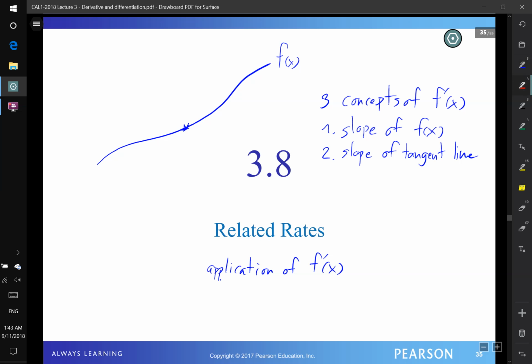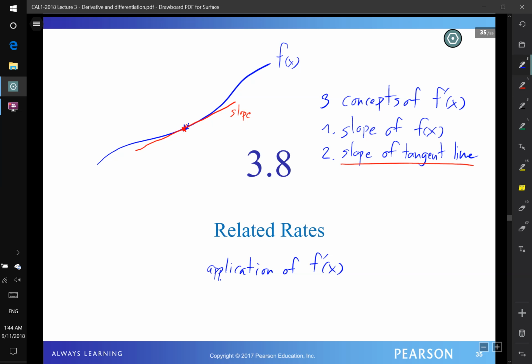Instead of using the small section on the graph to define derivative, we can use this red straight line that touches the graph at the exact point that we are interested in. The slope of this red line can be interpreted as the derivative at that same point. So that is the slope of the tangent line.